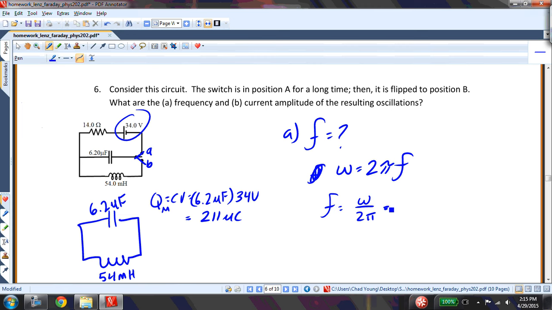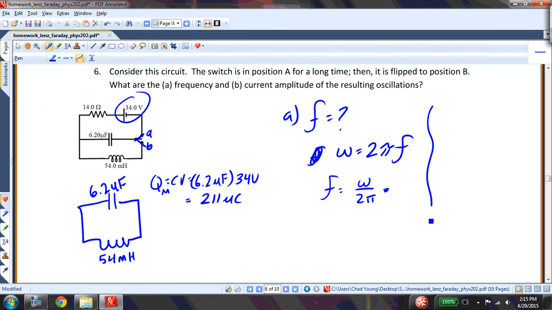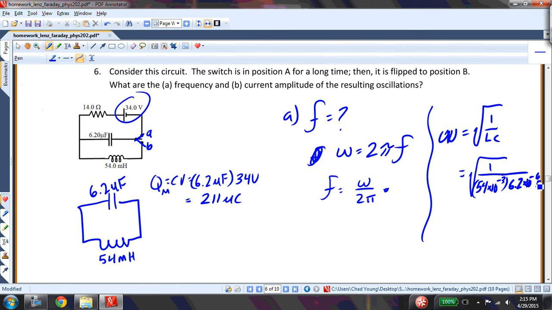And for an LC circuit, as we've already seen on the previous one, omega is equal to the square root of 1 over LC. That's the square root of 1 over 54 times 10 to the minus 3 henries, and 6.2 times 10 to the minus 6 farads.